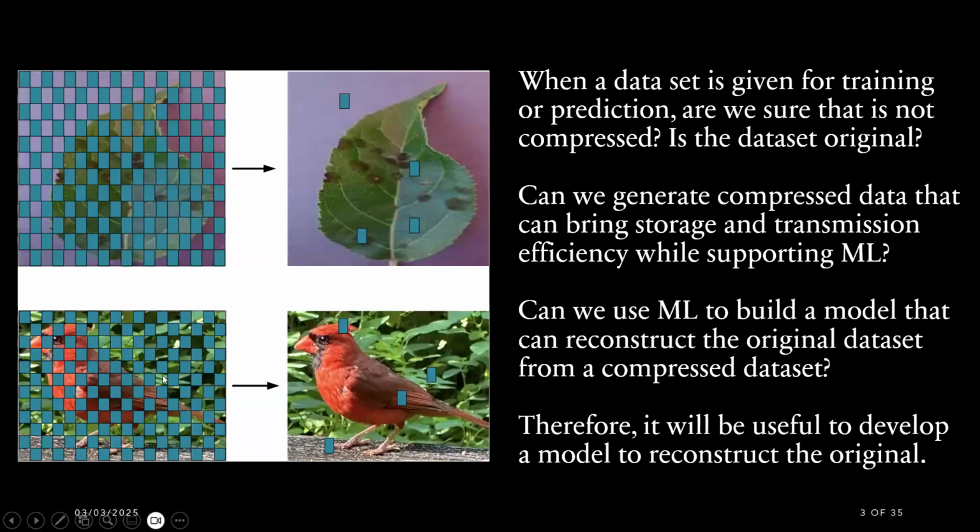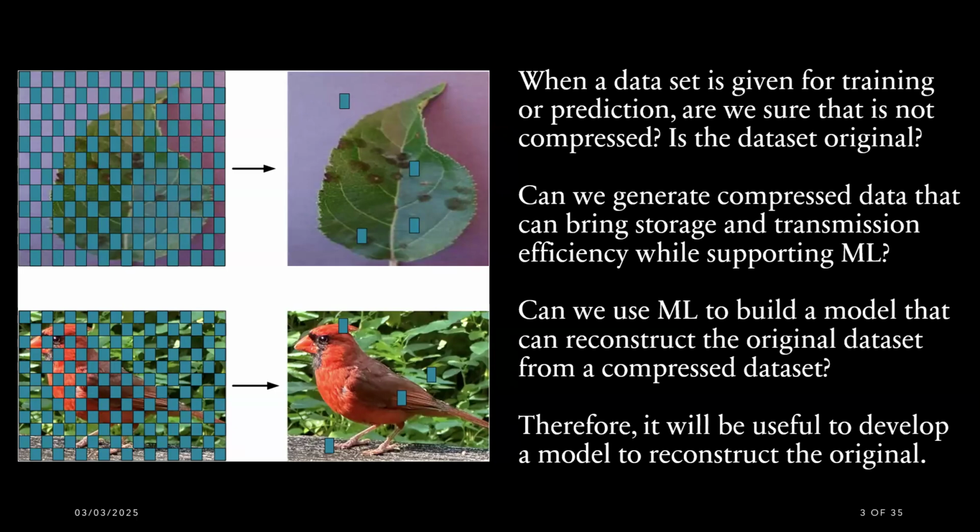So not just plant leaves, anything that we can do is actually in the compressed domain that we are talking about. Most of the data, when we look at it, we probably think these are original data, but it could be compressed. We don't know. So what we really need is to work under the assumption of a compressed domain. How can we build the model?